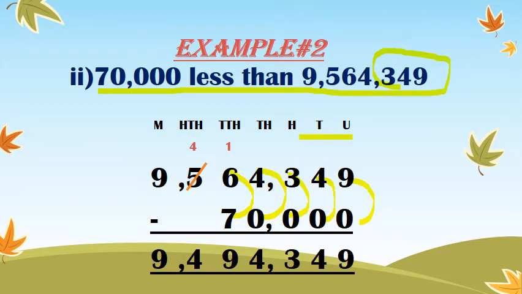Now it has become 16. Now we can easily subtract 7 from 16. We get 9. Then write 4 and then 9. So the answer is 9,494,349.